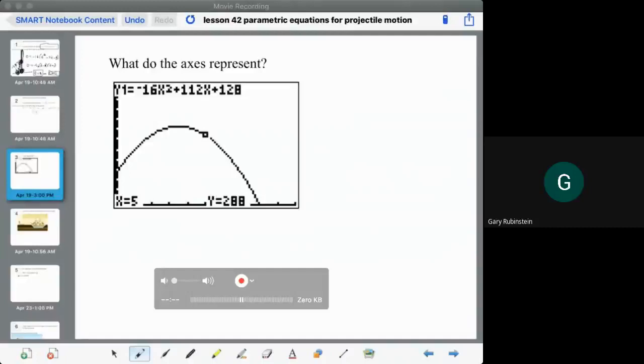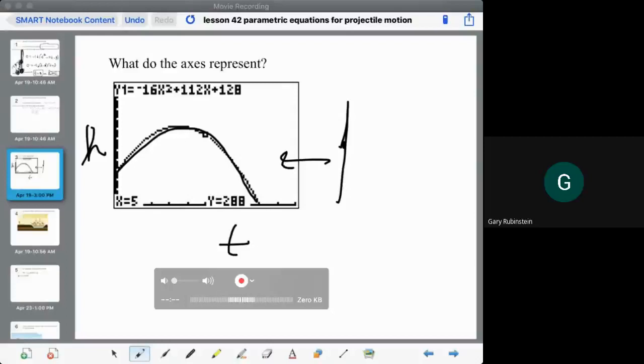Just want to make that clear. A lot of people look at this and say, oh, that means the ball follows this sort of path. But the ball does not necessarily follow that path, because this x-axis is representing time and the y-axis is representing height. So the ball might be going straight up and straight down, and it would still make this graph.